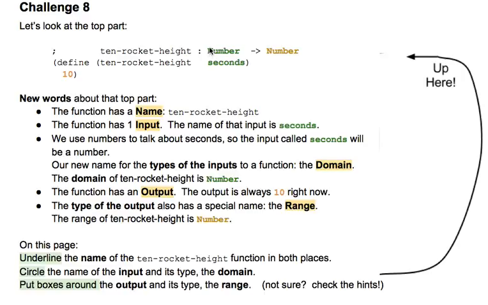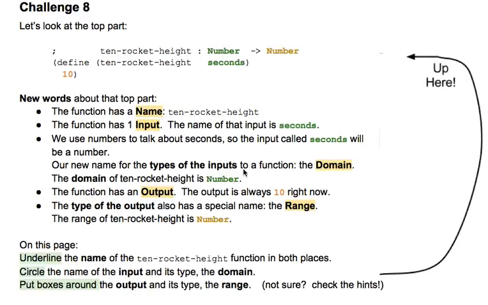So what this is saying up here is that this is a function that has inputs that are numbers and will have outputs that are numbers. So seconds, whatever we're going to give to seconds, it's going to be a number, because we use numbers. It's like 3 seconds, 4 seconds, 5 seconds. Those are numbers. So when we talk about seconds, we're talking about how many. And so we're talking about a number of seconds, right?